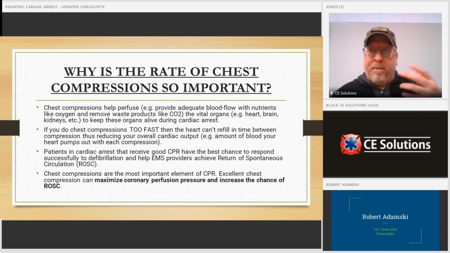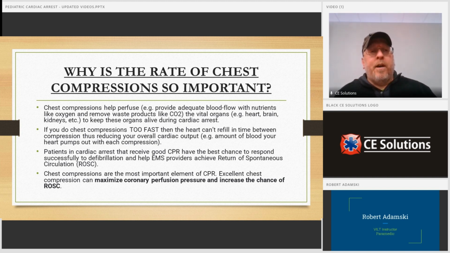And if you decrease the blood flow or the perfusion to your vital organs, then they're not going to get enough oxygen to survive, and equally important but often forgotten, they're also not going to be able to get rid of or eliminate metabolic waste products that can damage or kill those tissues and those organs as well. So you'll have a buildup of lactic acid, a buildup of carbon dioxide in those cells, which then will damage the cells, damage the tissues, and damage the organs.